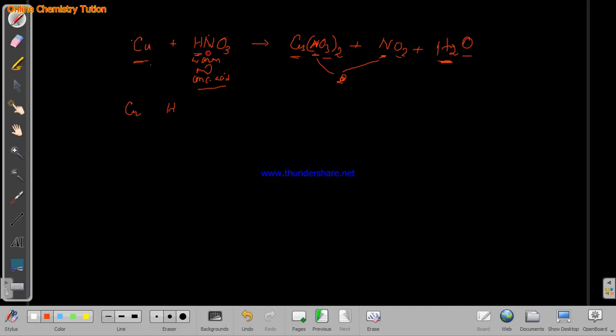Next, nitrogen is present in one compound here and in two different compounds here, so we will check nitrogen next to hydrogen. Oxygen is present in one compound here and in three compounds here, so we will check oxygen last.